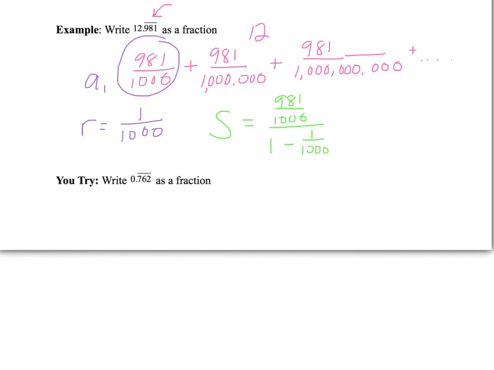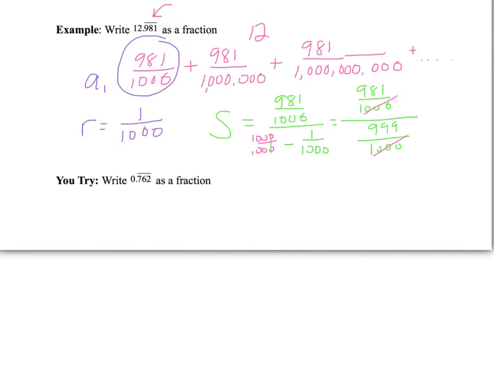I am going to simplify this out. So remember, 1 is just 1,000 over 1,000, so I can get a common denominator there. This is going to be 981 over 1,000 over 999 over 1,000. When you do your fractions, if your denominators are the same, they will cancel.